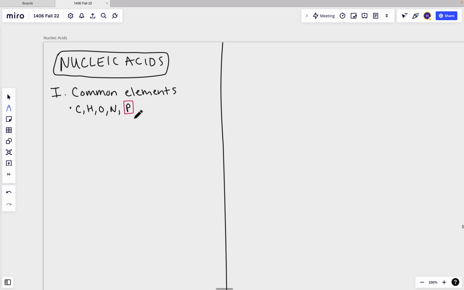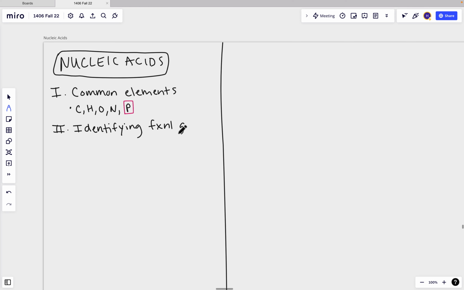Phosphorus is also in phospholipids, which are not nucleic acids, but it's not in proteins, it's not in carbohydrates. So phosphorus can be used to label nucleic acids. If we track the phosphorus, sometimes we can track it instead of the proteins. So what are identifying features or identifying functional groups?